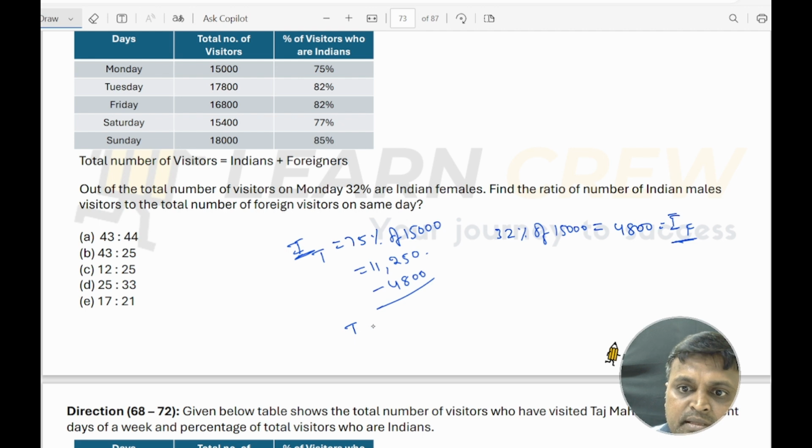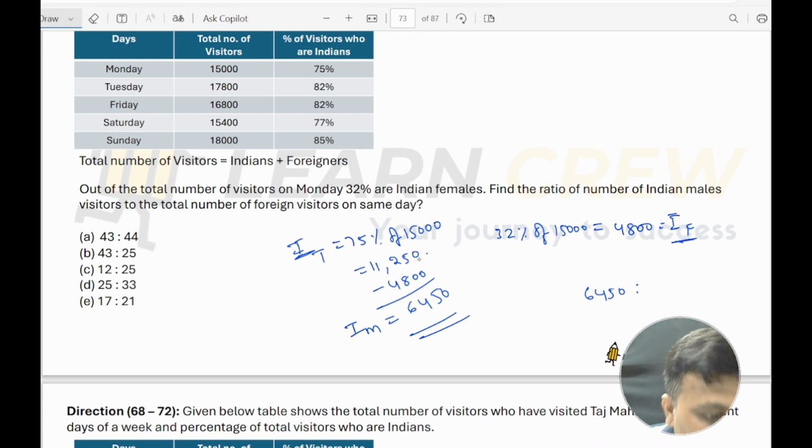So Indian males is how much? 6,450. Now, what is the ratio? Find the ratio of the number of Indian male visitors, 6,450, to the total number of foreign visitors.